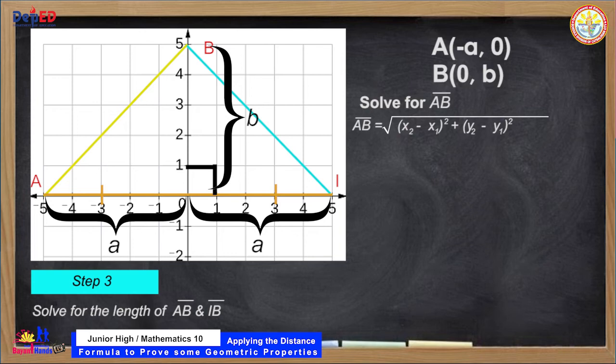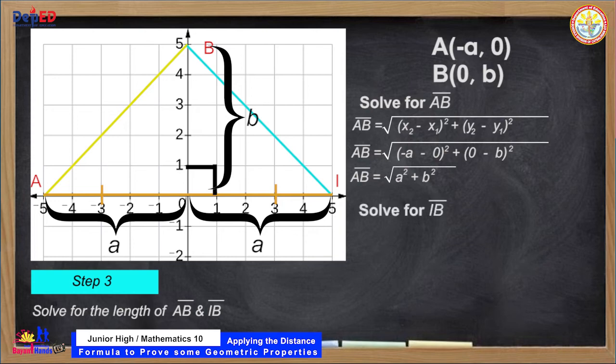By substitution, we have segment AB is equal to the square root of the square of the quantity negative A minus 0 plus the square of the quantity 0 minus B. Simplifying, the equation becomes segment AB is equal to the square root of a squared plus b squared.